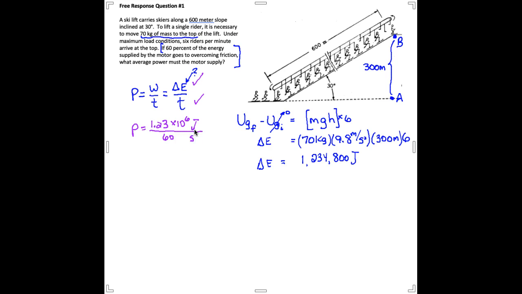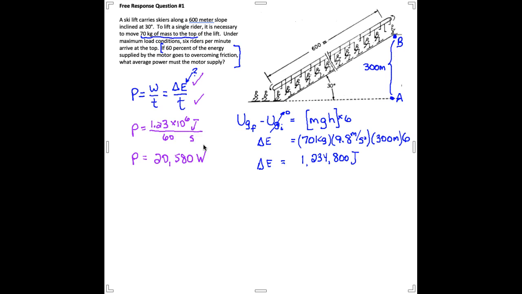Let's remember that a joule per second is equivalent to a watt. That's going to be roughly 20,580, depending on how you round it. It's around 20,000 watts, or 20 kilowatts.